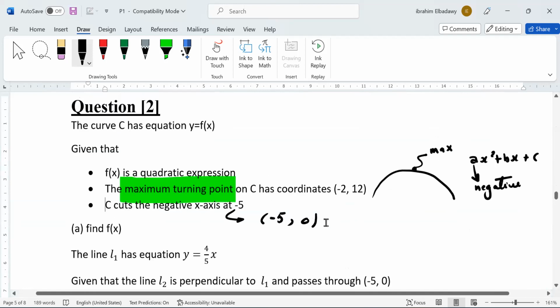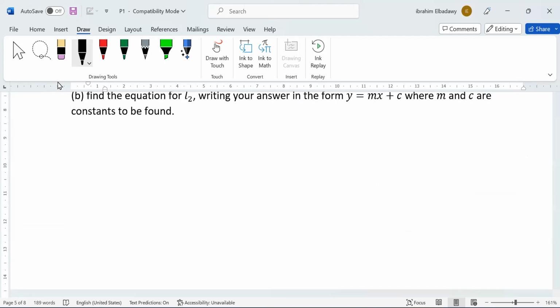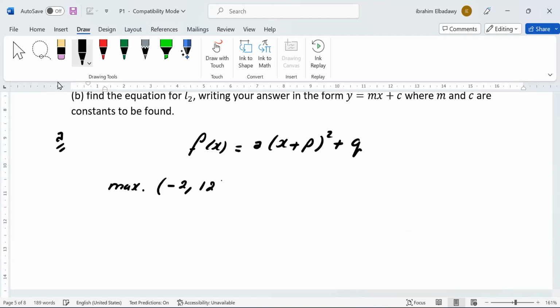Here you have the maximum point (-2, 12). To solve part A, you have to write f(x) in the completing the square form: a(x plus b) squared plus q. The maximum point (-2, 12) is the same as (-b, q).